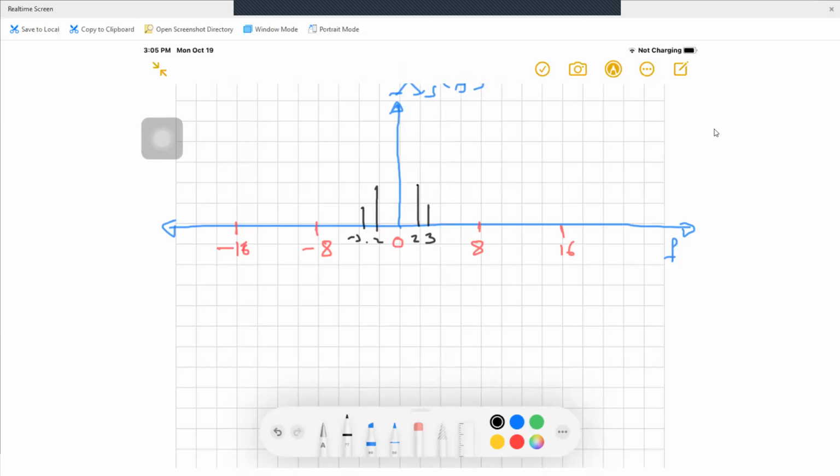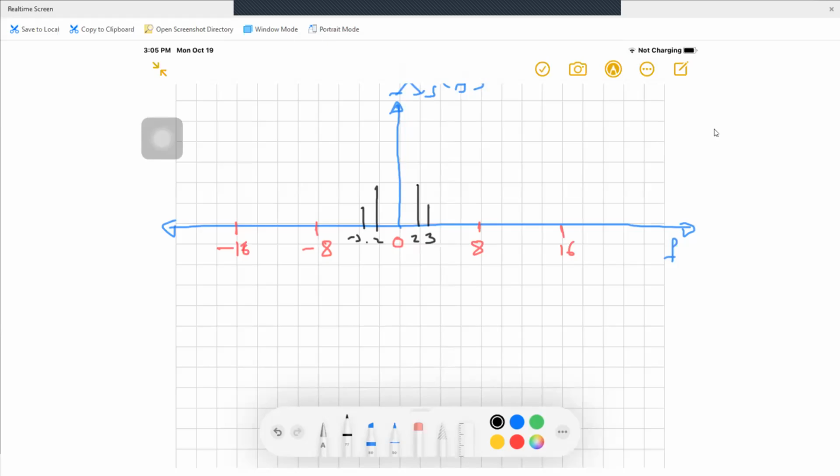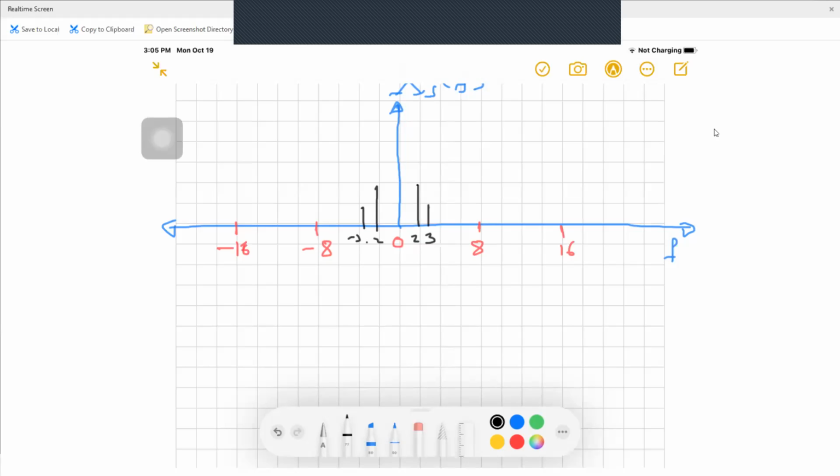Now when we perform the convolution with the 8 kilohertz, what will happen? The center of the X of F will be transferred to the 8 kilohertz.